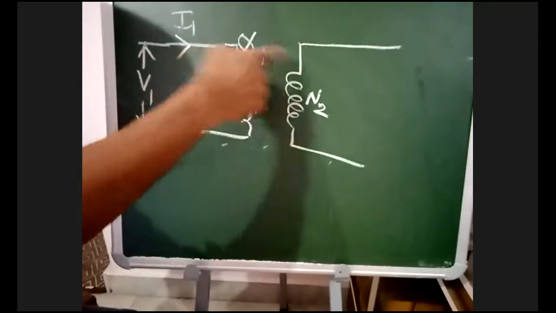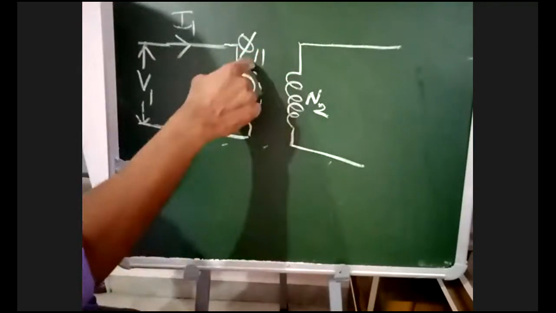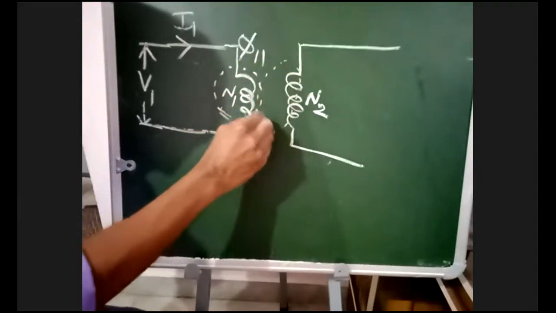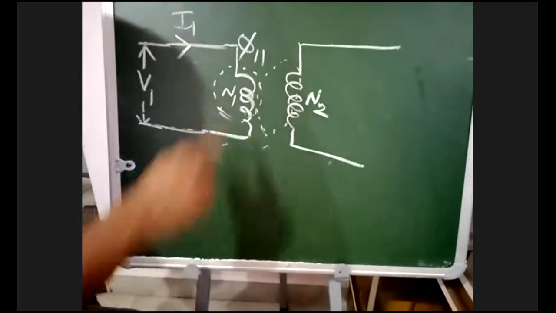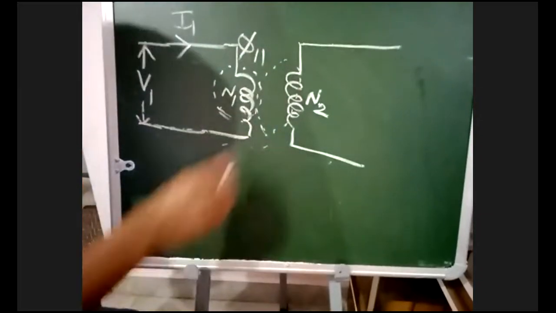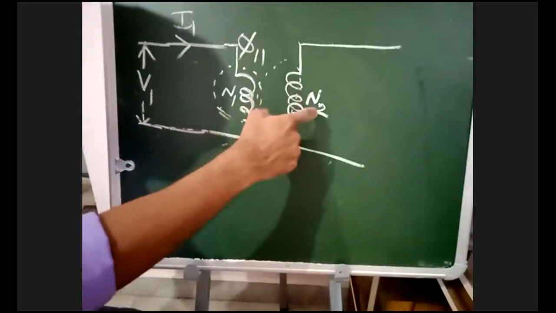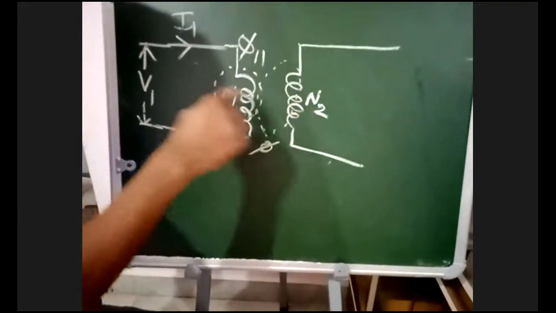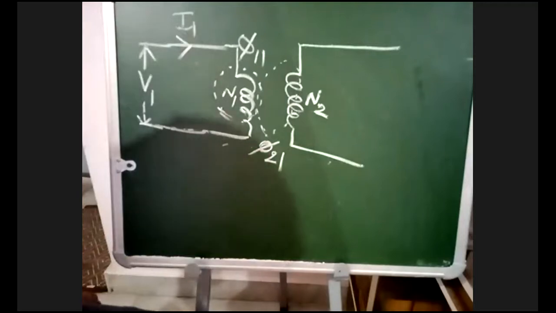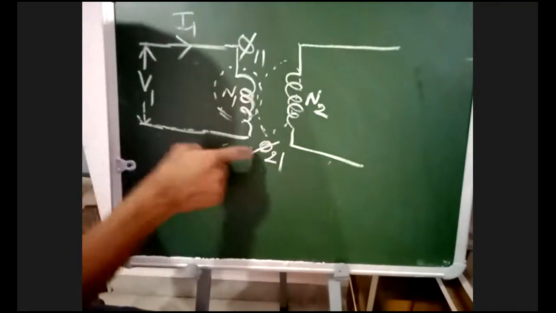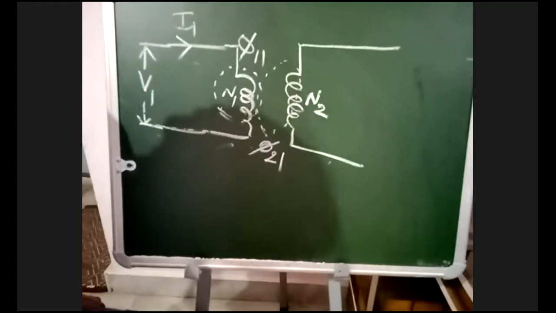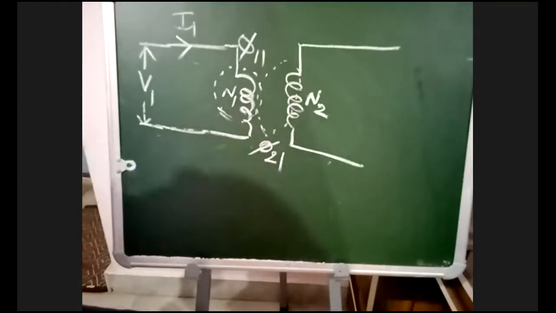Part of this self flux is linking with the secondary coil. Then mutual flux is generated in N2. In between the first coil and the second coil, mutual flux is generated. That is called Phi21. Phi21 is called mutual flux.